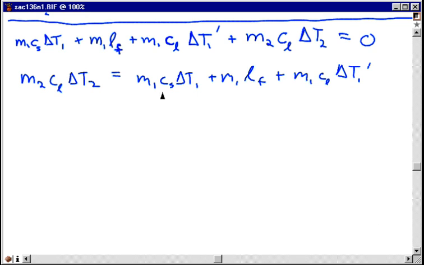And I think I'll factor out the M1. There's an M1 in every term on that side. So that's M1. Oh, and by the way, I subtracted that from both sides, so it's negative of that.